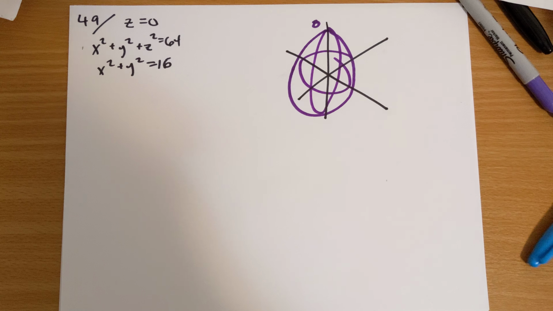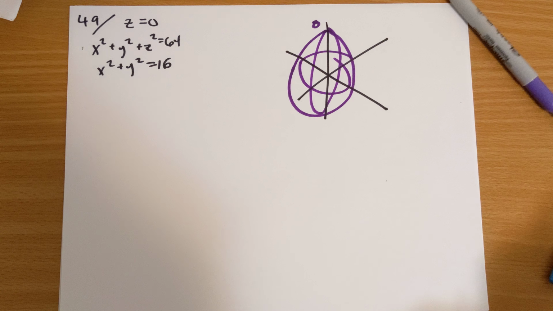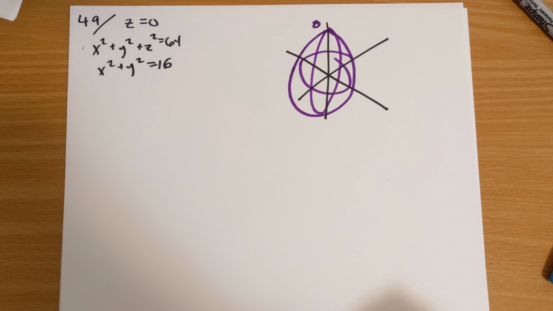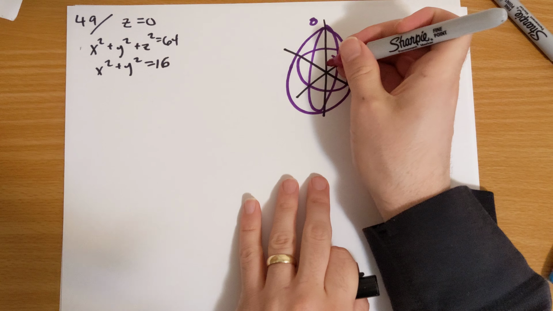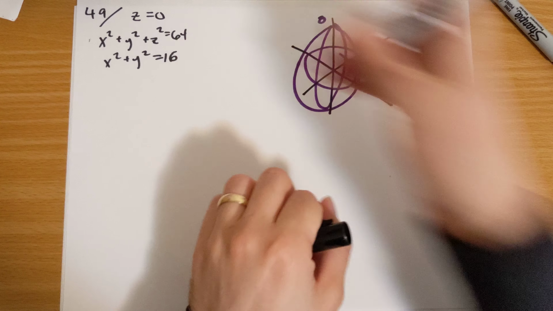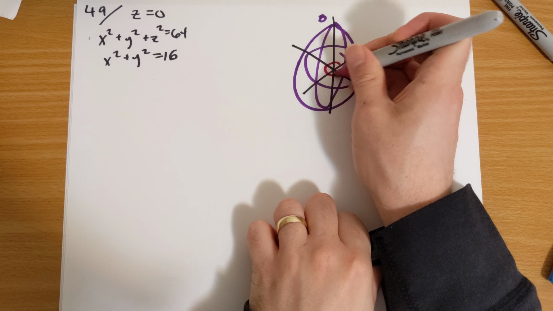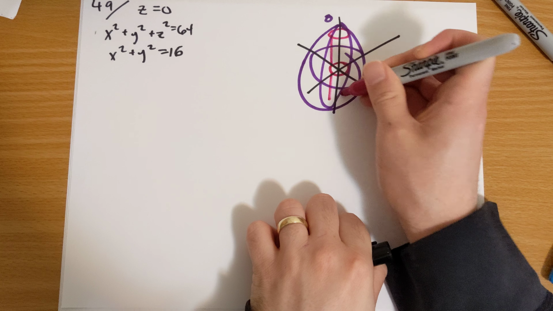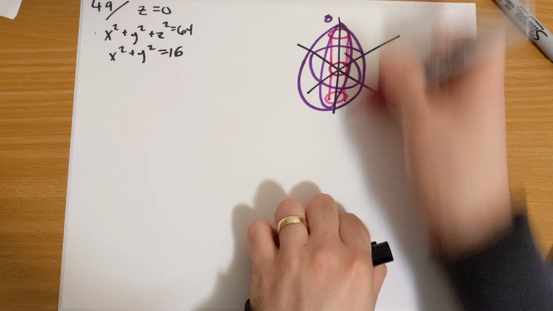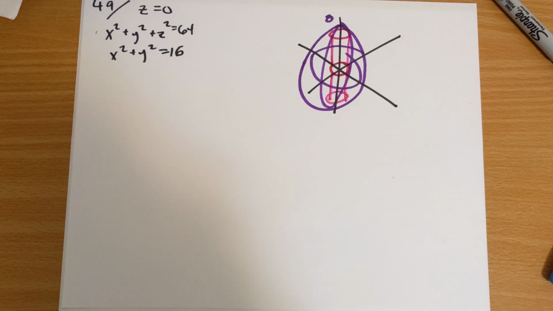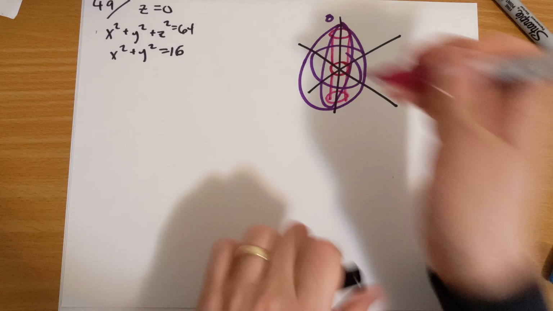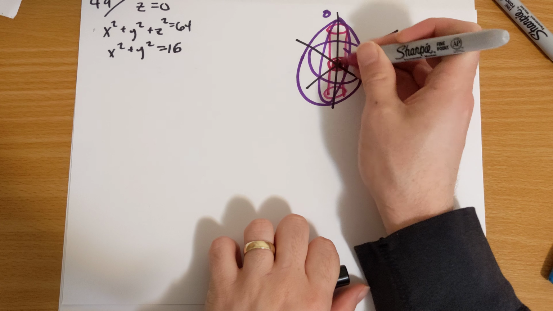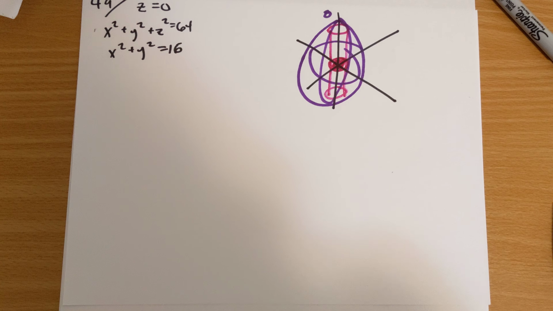And the idea then is that there is a cylinder of radius 4, parallel to the xy plane. It just keeps on going infinitely up and down, but that's where it's going to intersect here. And it's going to be bounded below by the plane z is equal to 0.